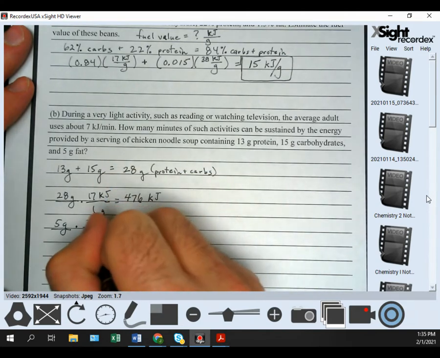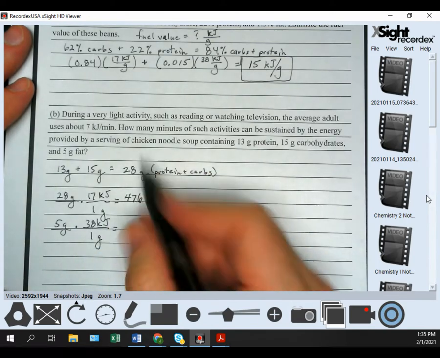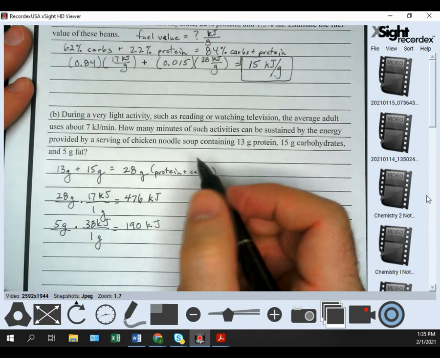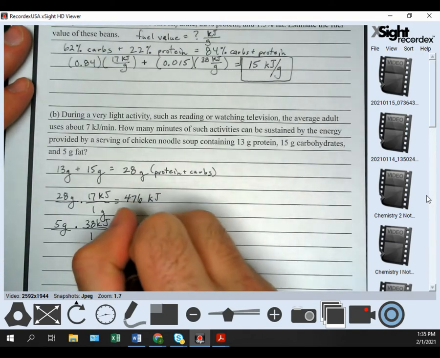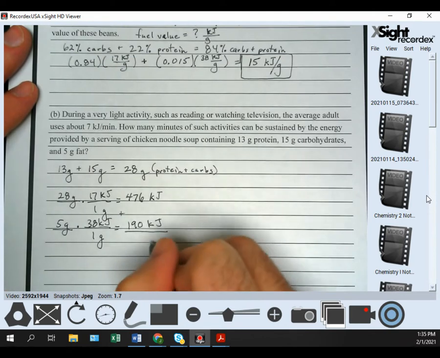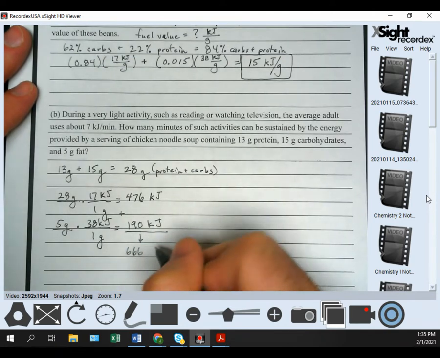Yeah. 38 kilojoules. And this is going to kick me off 190 kilojoules. Right now, adding these together comes out to 666 kilojoules.